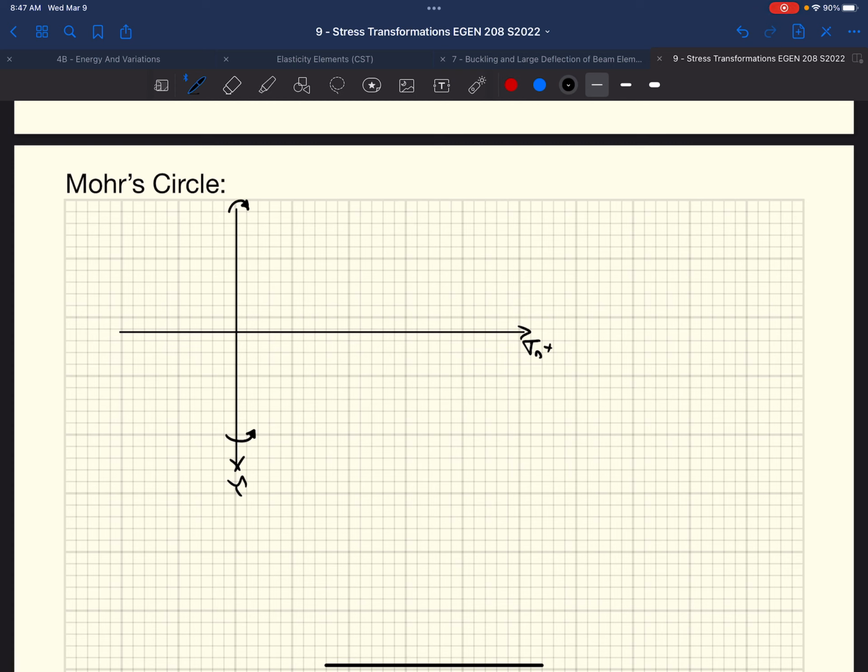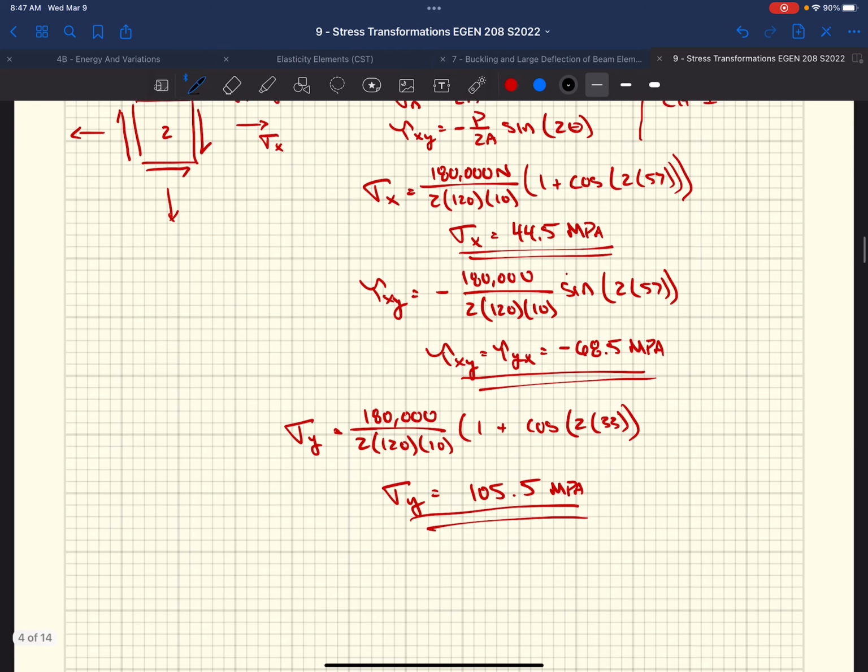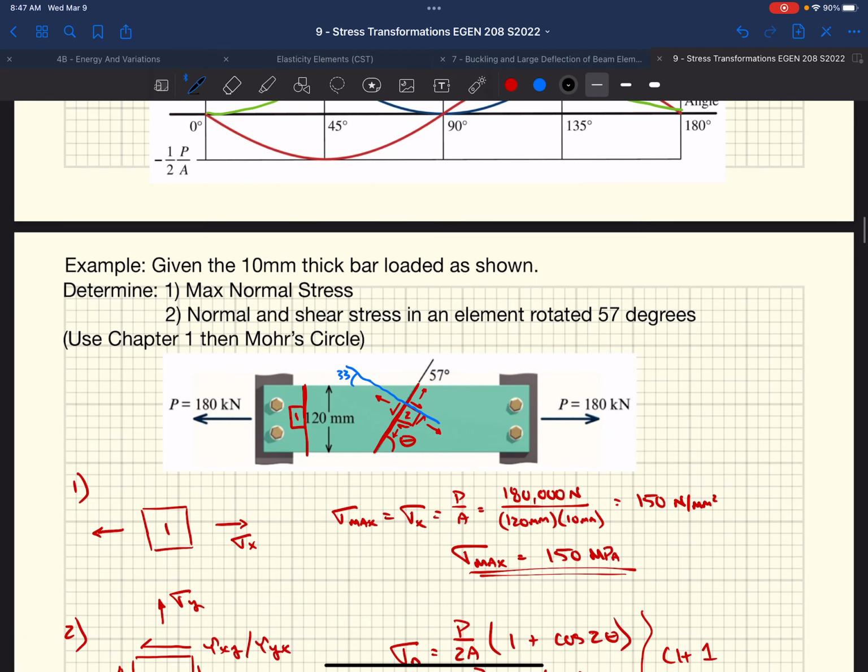From here, we're just going to plot our known values, and our known values were our initial stresses that we calculated. They said we've got this P force. If I oriented a stress block that's perpendicular to that force, I know I'm going to get a normal stress and no shear stress. And we know there's going to be 0 normal stress and shear stress on our y faces.